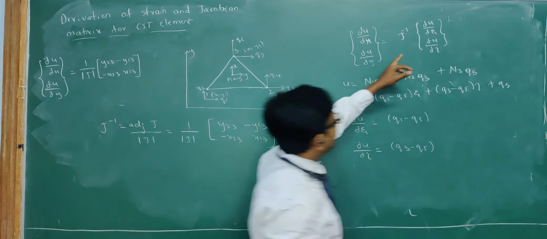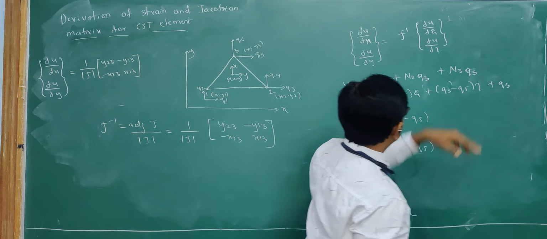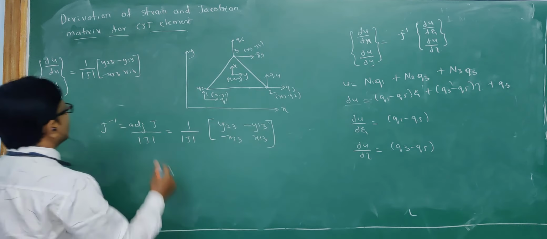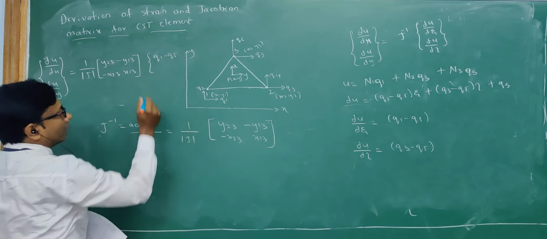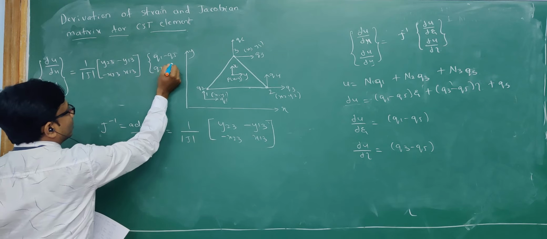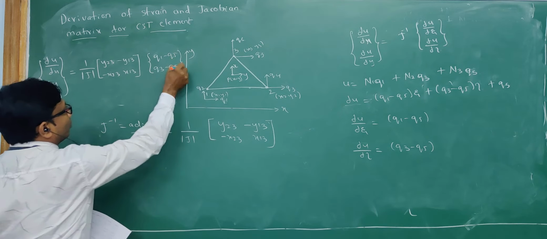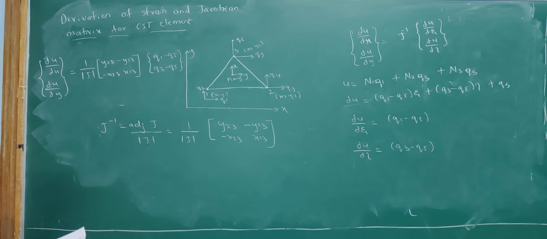Then you have to multiply by dou u by dou zeta and dou u by dou eta, which are nothing but q1 minus q5 and q3 minus q5.